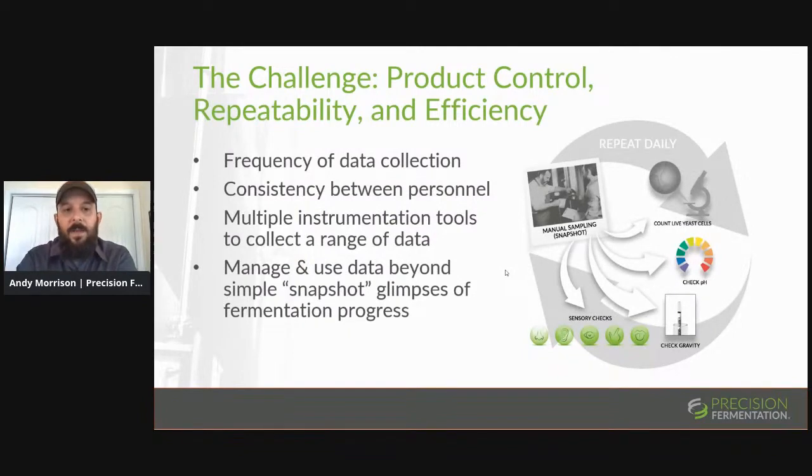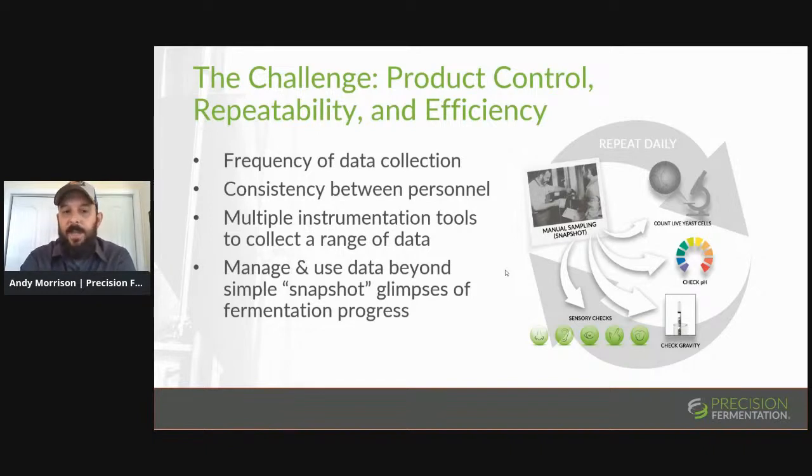In practicality, what that means is that you've got to collect samples during the fermentation in order to figure out what's going on. You've got to measure those samples across a number of different variables, right? And all of that comes with some challenges. So, how frequently are you collecting data for your fermentations, right? And who's doing the data collecting? And is it consistent from one cellarman or QC personnel or whoever it is that you've got in your cellar that's managing that?